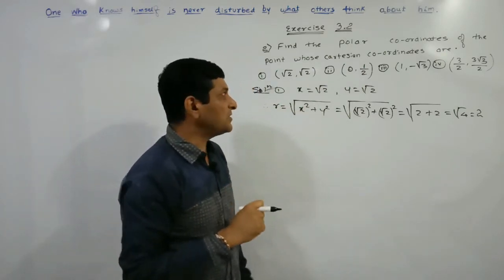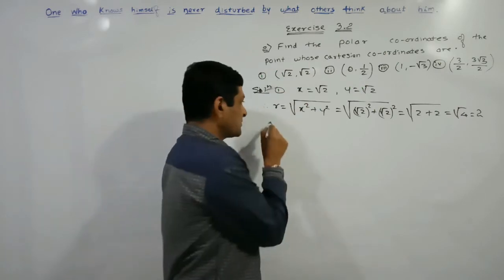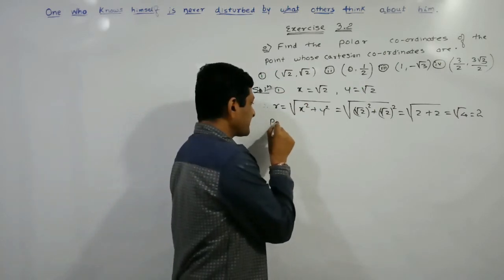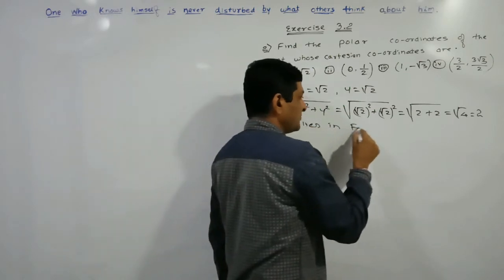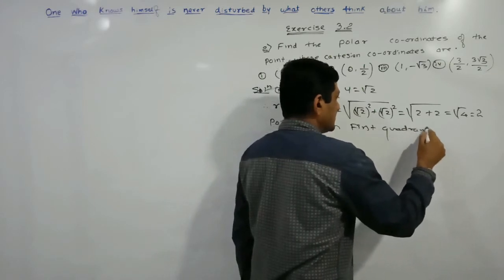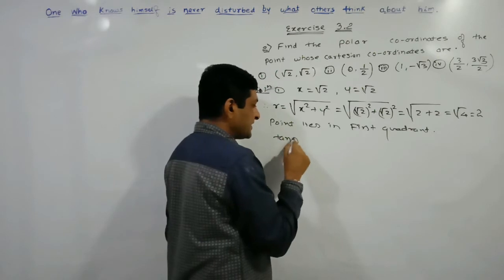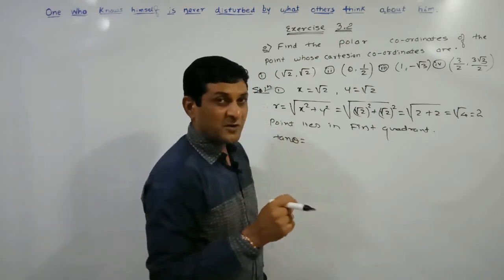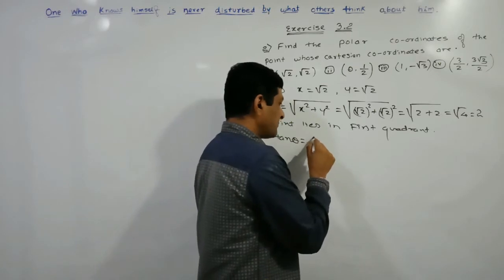Now to find out the value of theta, check that point lies in which quadrant? First quadrant. So point lies in first quadrant. Since point lies in first quadrant, means we can say that theta is nothing but what? Value of theta is in between 0 to 90, means 0 to pi by 2. So here what is the formula?